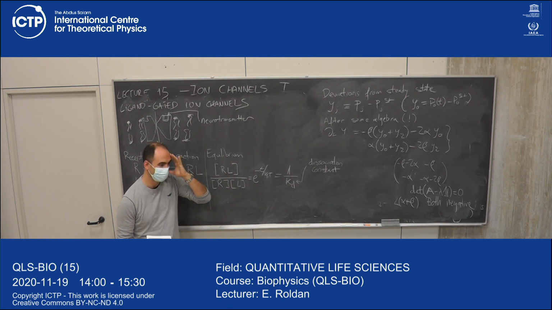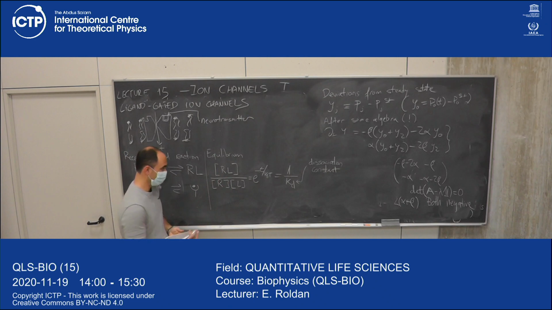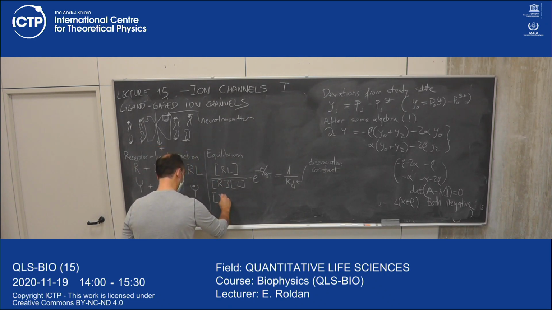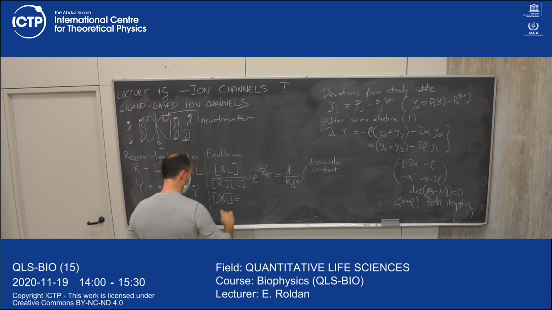So, how is this possible? And here there's an exponential. What you should keep in mind is that these are with respect to 1 molar. In reality, when I write x, it is with respect to 1 molar.